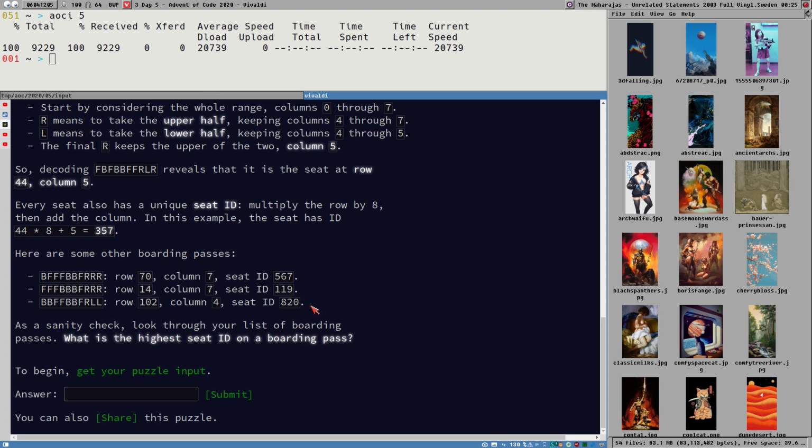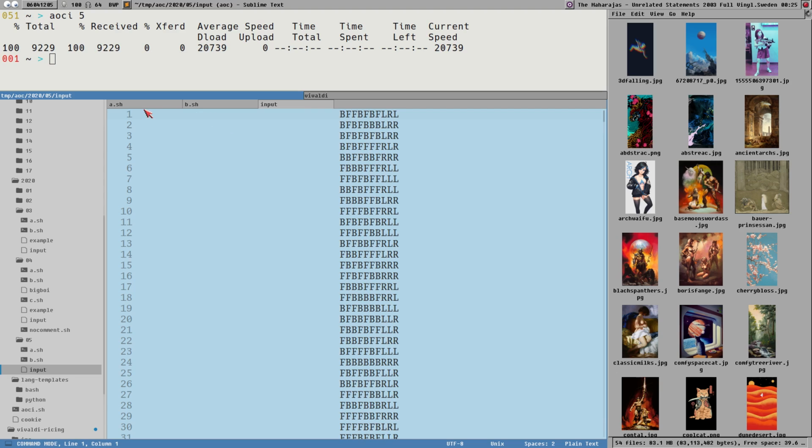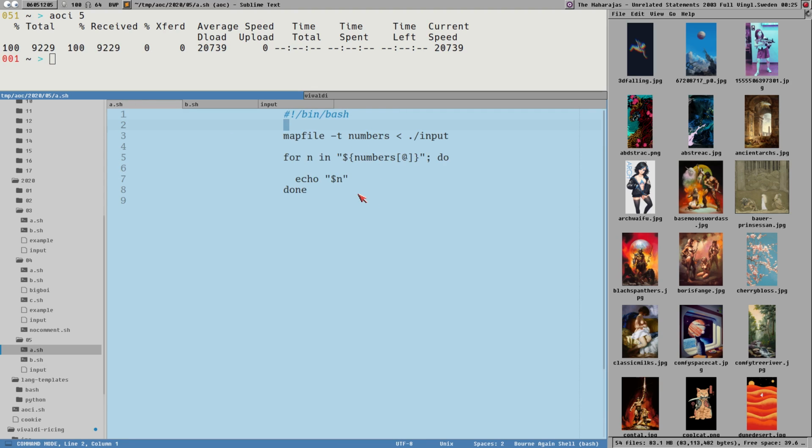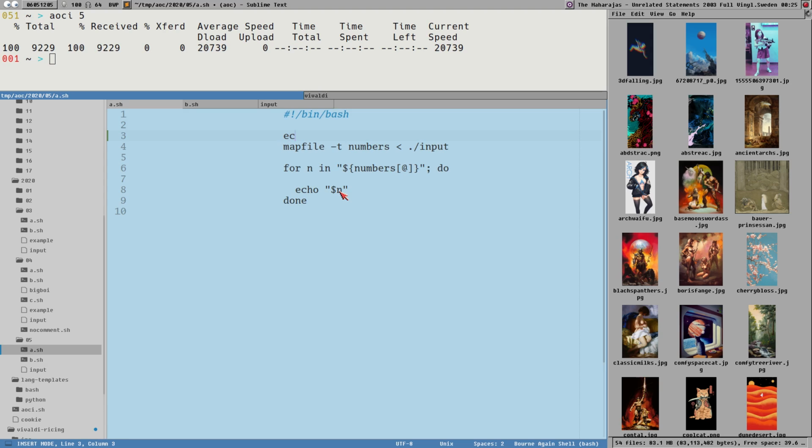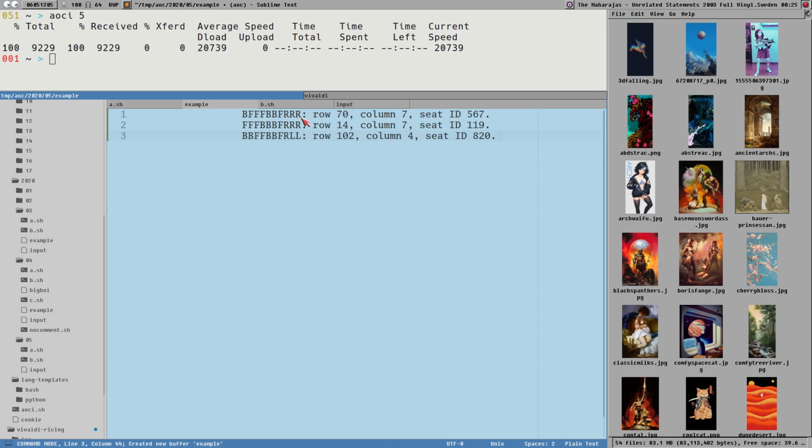Let's get some example input here before we start our own. Let's just do this, or let's open a new one. Example. Paste that here. There.